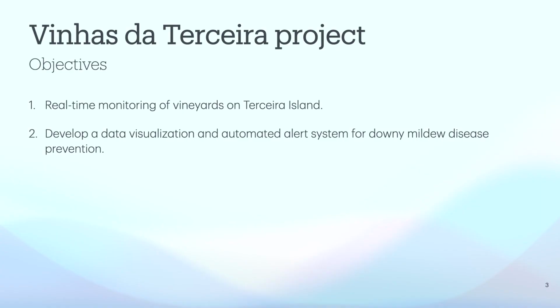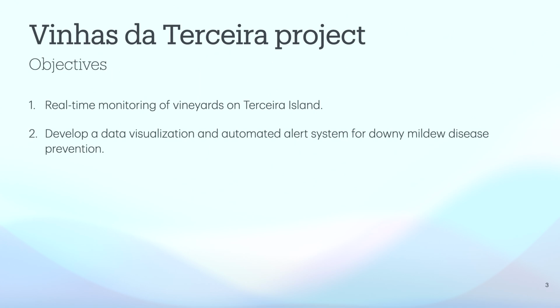The sensors send hourly data to the JuliaEO Center server, and then I download the data and do all these visualization steps. All of this has been developed in the scope of the Vineyarda Terceira project that Joan mentioned previously.